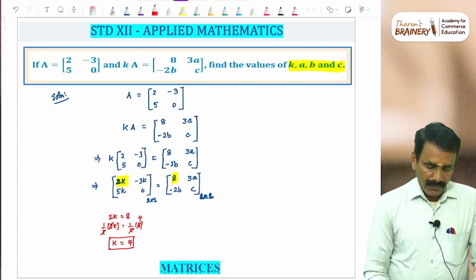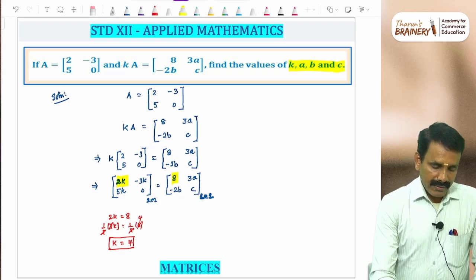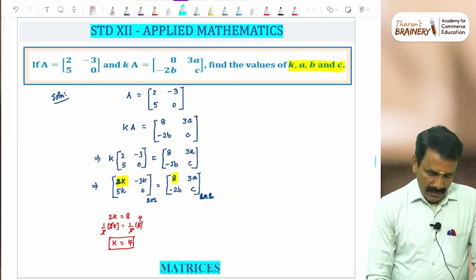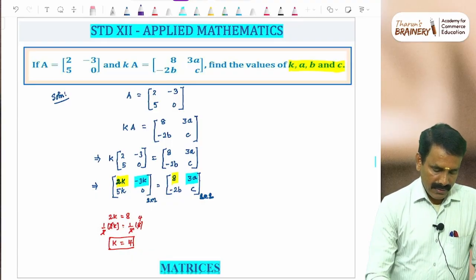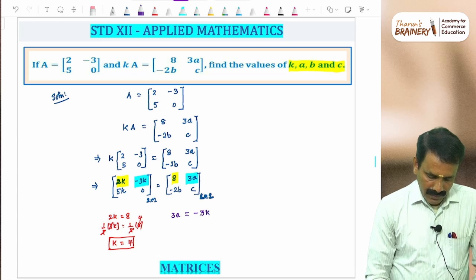Next, we have to get the values of a, b, and c. Again we compare the corresponding elements. 3a is equated to -3k. Is it clear? So, 3a is going to be equal to -3k. So 3a will be equal to -3 into the k value, which is 4, we found out, so -12.